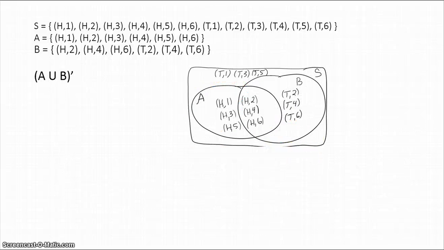Okay, next let's look at A union B complement. So we saw before that A union B, we had A, and we had B, and the union was all of the things that were shaded in any of those colors, which means the complement are the things that are not shaded in any of those colors.